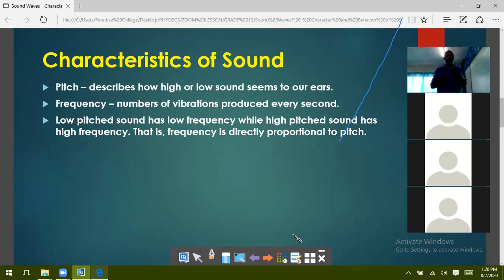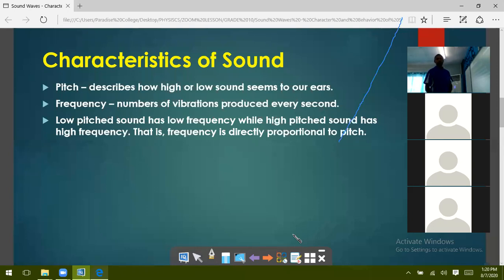Pitch gives us a sense of whether the sound is higher or lower. So pitch describes how high or low a sound seems to our ears. And that's what pitch is.